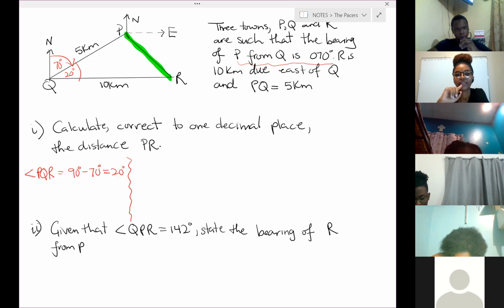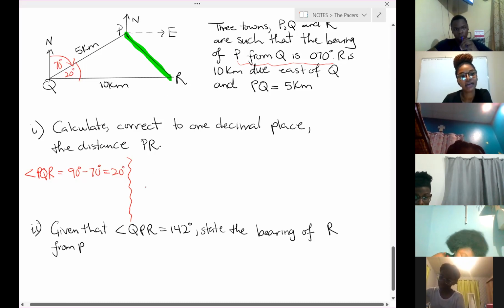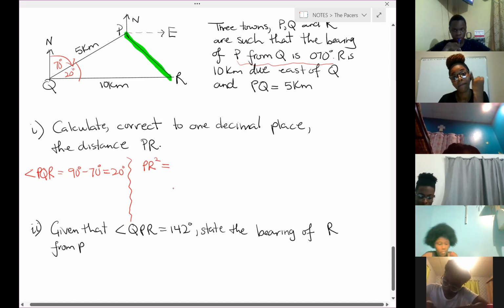Thank you, Anaki. Cosine rule, right? We have two lines and an angle in between. So PR squared is equal to, at this point, y'all, in questions like these, everything we would have learned before is going to come into play.